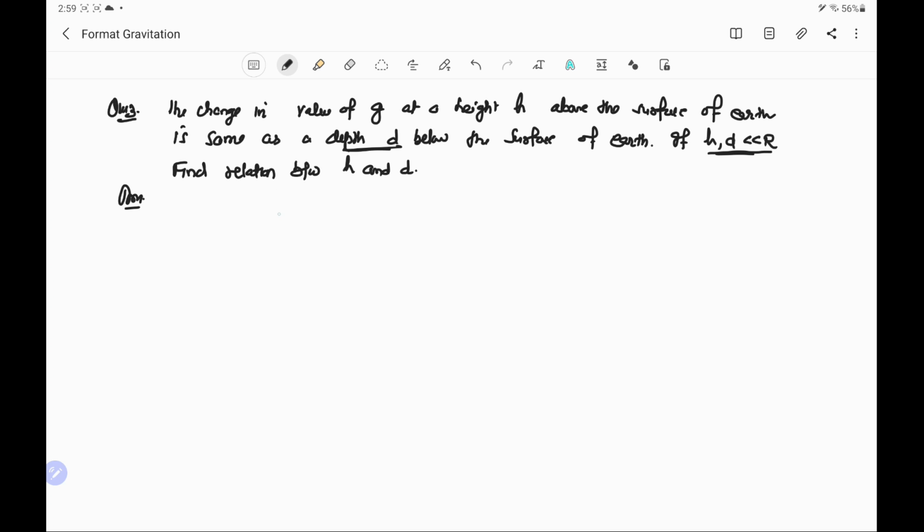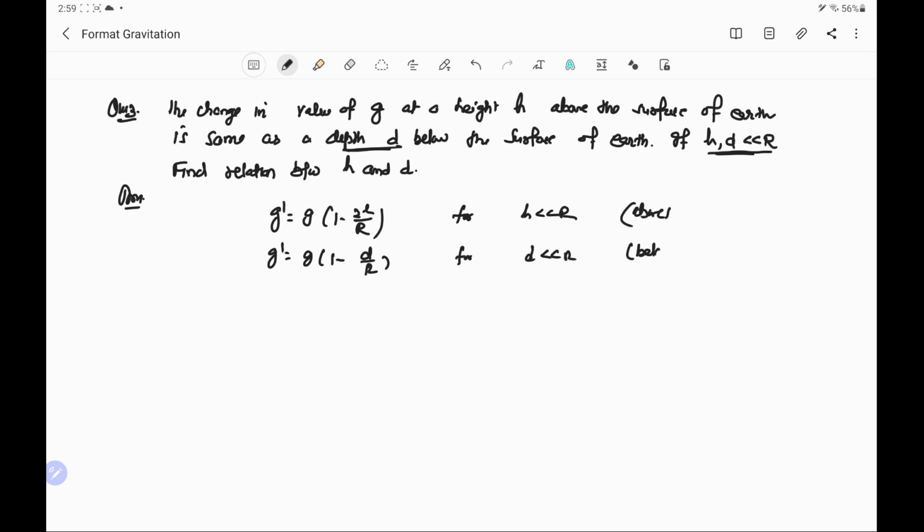We have already derived that g' equals g into (1 minus 2h/R) for a point at height h from the Earth's surface, where h is very small compared to R. Similarly, g' equals g (1 minus d/R) for d very small compared to R. The first is above the Earth's surface and the second is below it.